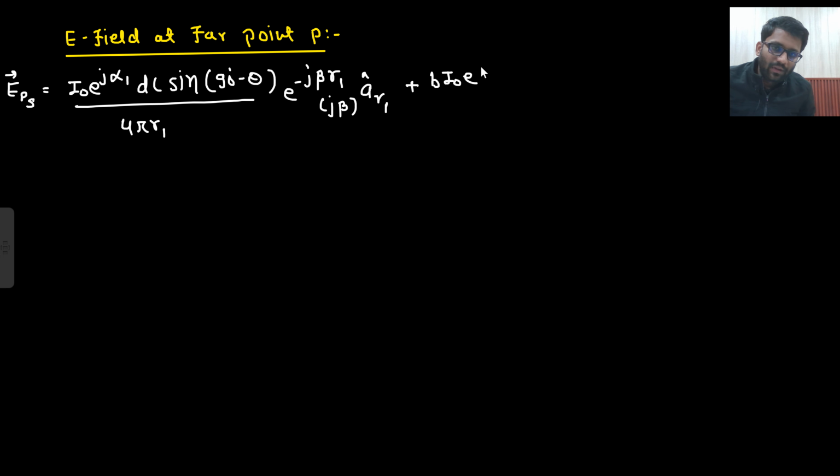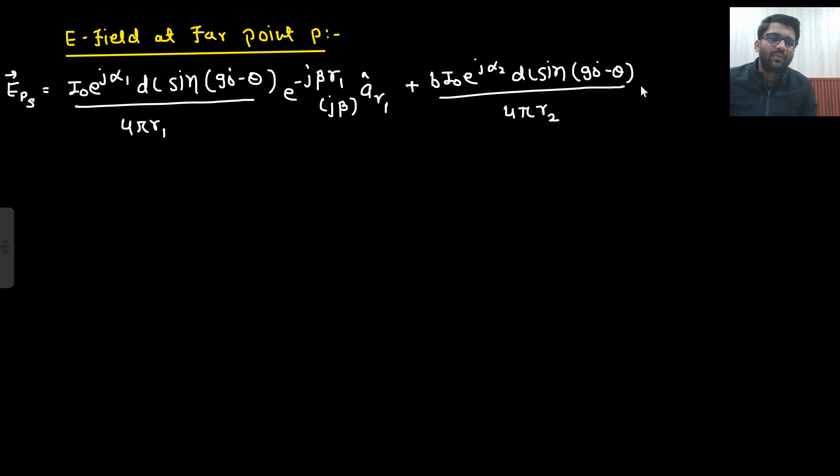So b I naught e to the power j alpha 2, dl sin 90 minus theta upon 4 pi. What is the distance here? r2, e to the power minus j beta r2, into j beta, and here a r2 cap.